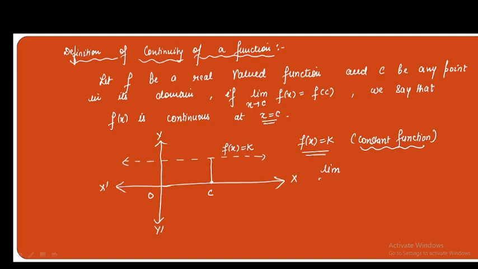Here I am going to take the left hand limit, which means I am going to approach C from the left hand side. What is the value of f(x) at this point? It is again k. Next, this is RHL, which means I am going to approach C from the right hand side. Again the value of f(x) will be k because it is a constant function, so the value will always remain the same.